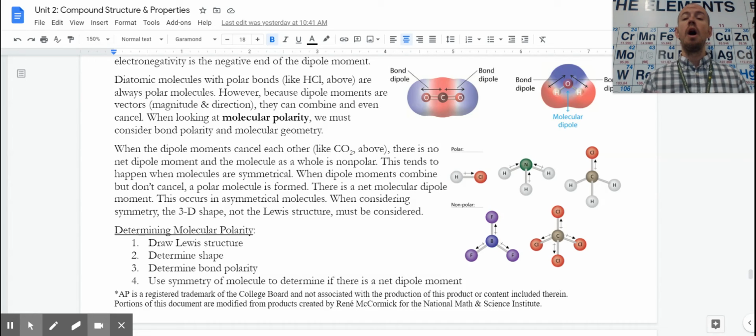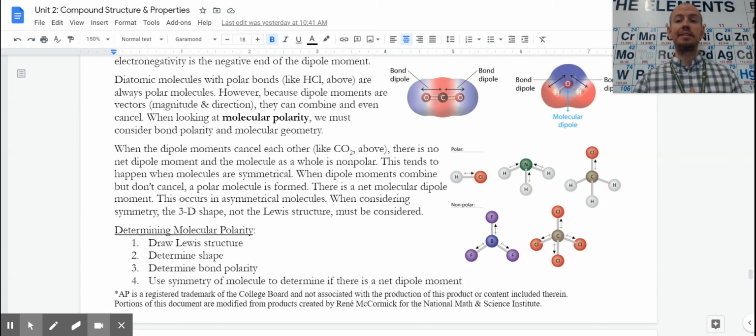We then need to know, is the bond polar or not? If we're sharing all electrons perfectly equally through our molecule, it doesn't really matter what the shape and the symmetry is, because electrons shared equally can't cause a dipole moment. So if we have polar bonds, we are then looking at the shape. Is the molecule symmetrical in all directions?